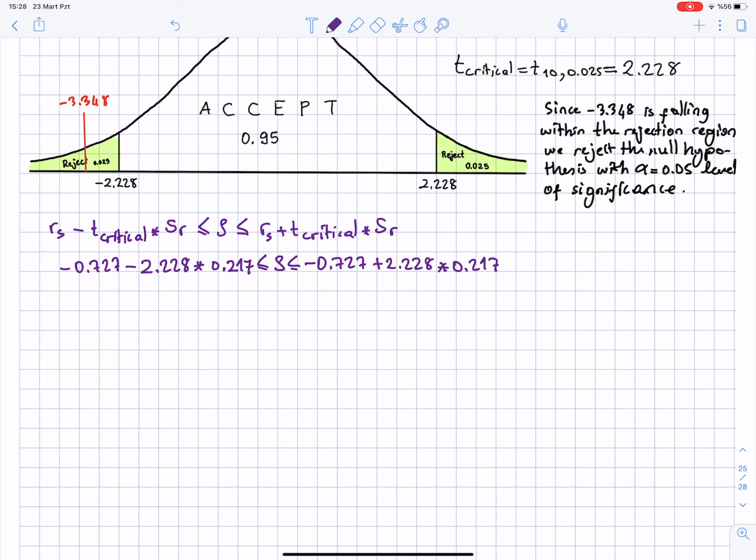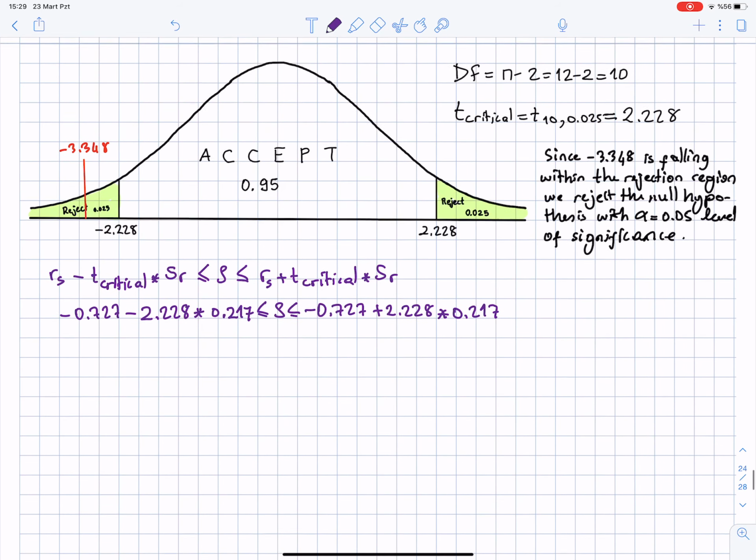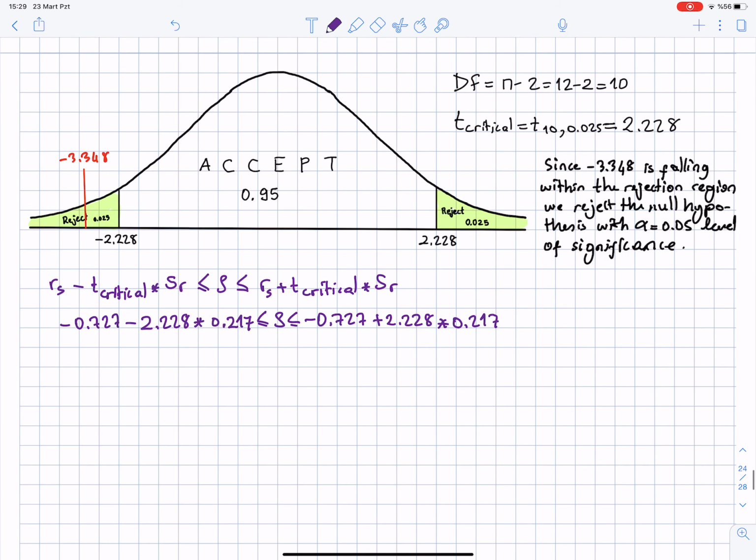Clearly the lower bound is going to be negative and the upper bound is going to be negative. The zero value will not be included in the confidence interval because we rejected the null hypothesis for the double-sided test.